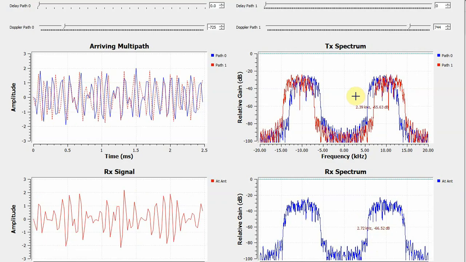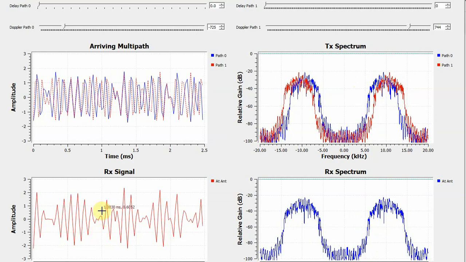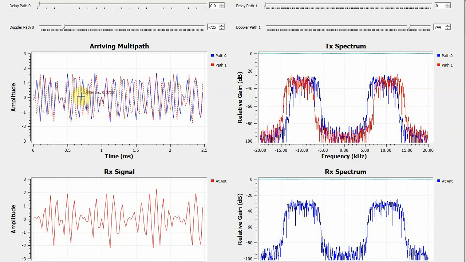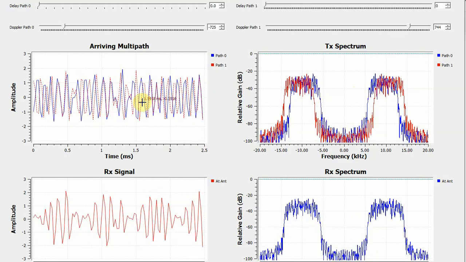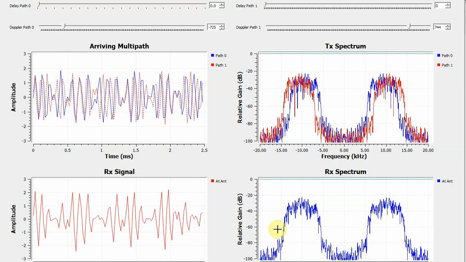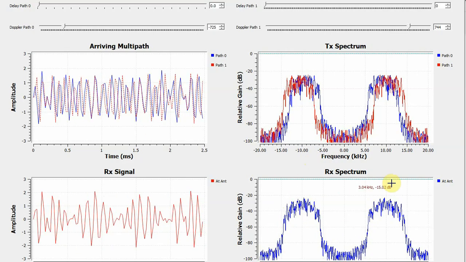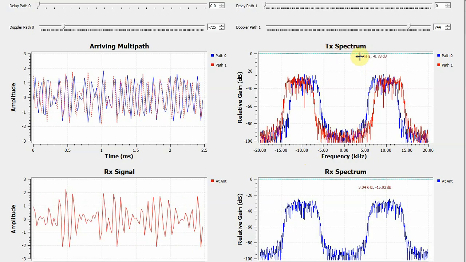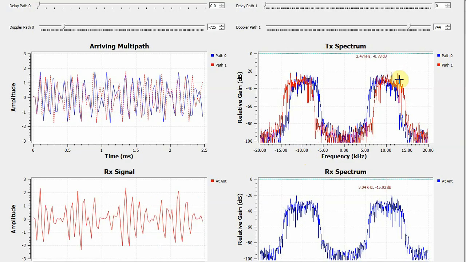This is called fast fading, and its effect in time domain is that within the same symbol, the waveform from the first and the direct path add in phase and out of phase. This is analogous to delay spread, where the time domain waveform of the direct path was clearly lagging behind the time domain waveform of the first multipath.